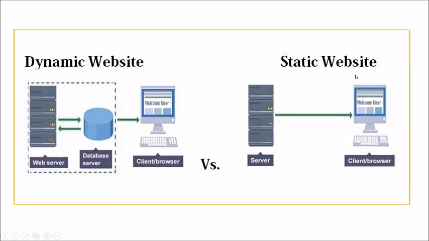In a static website, only the server is available. What you are requesting from the server, the server will send to you, to your computer. Only two devices are involved under static.